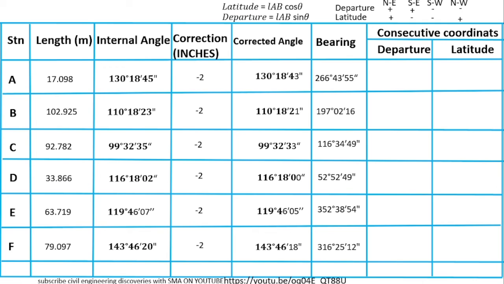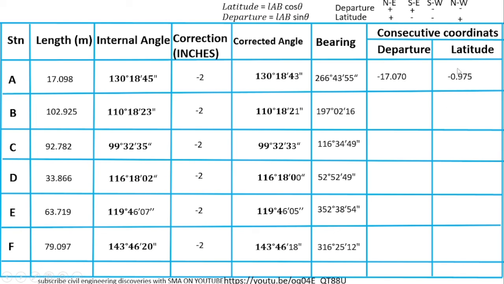So for the first one, the departure is L of AB sin theta. LAB is the length of AB, which is 17.098, and theta is the bearing, which is 266 degree 43 minute and 55 second. So the departure will be -17.070.